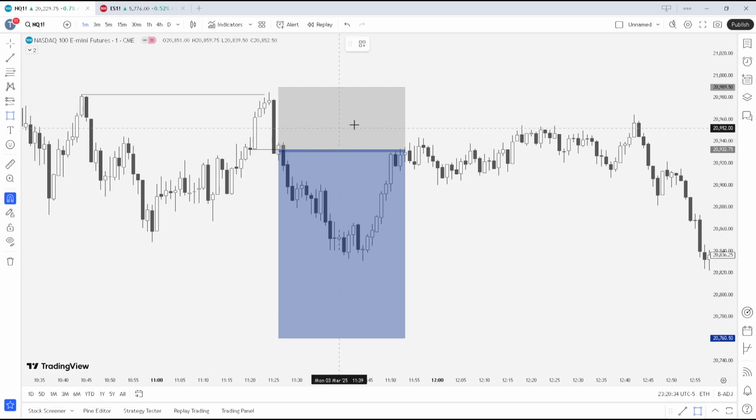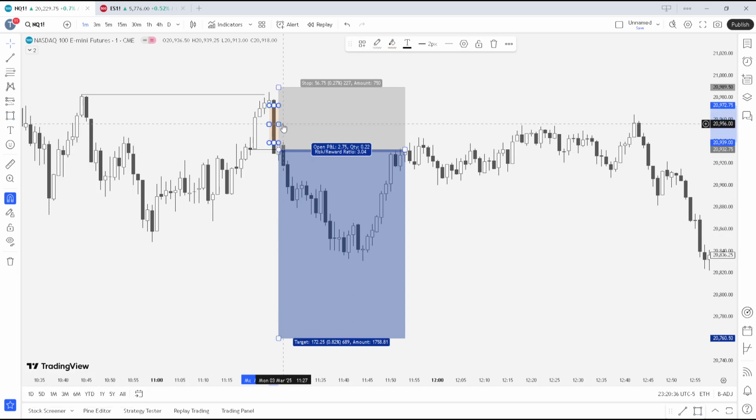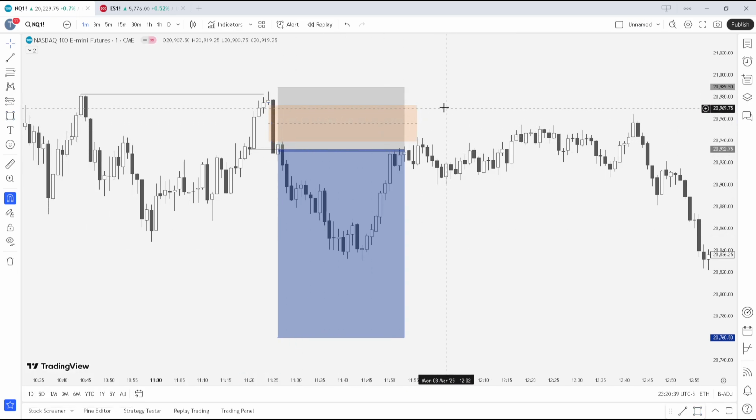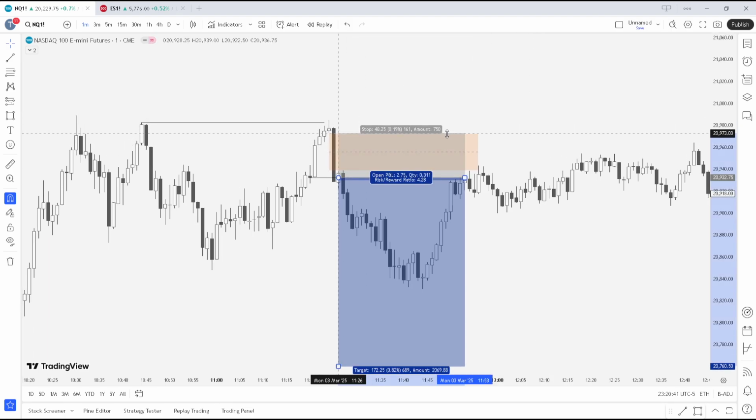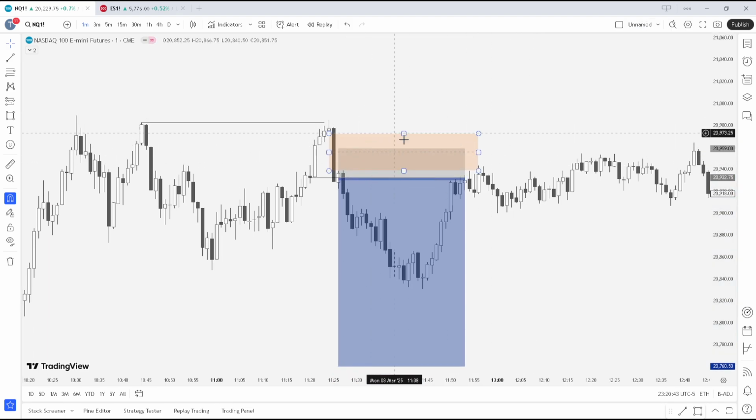But if you guys have watched the fair value gap videos, then you would know you can put your stop above the consequent encroachment of this fair value gap, right?